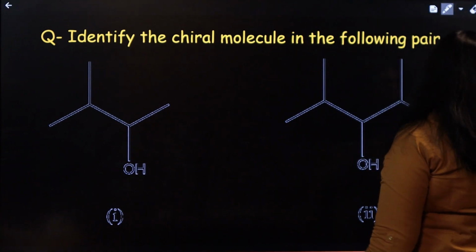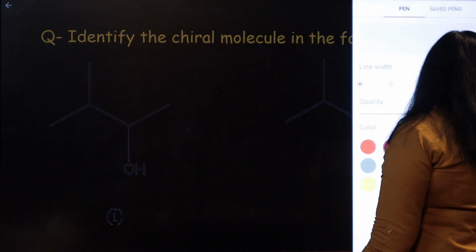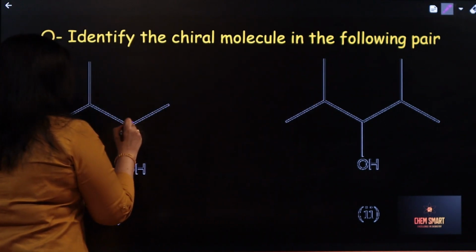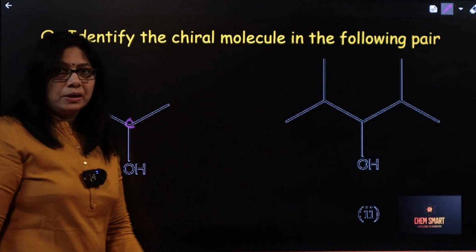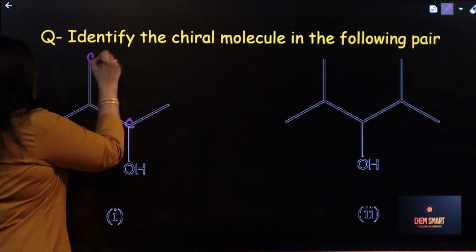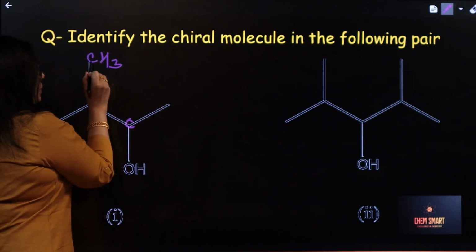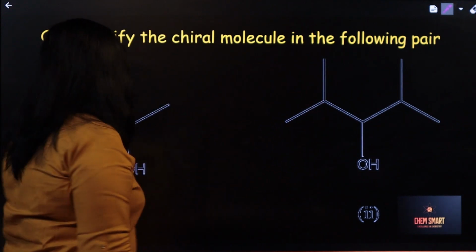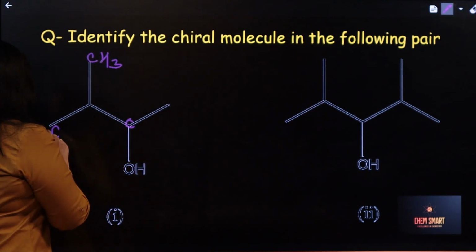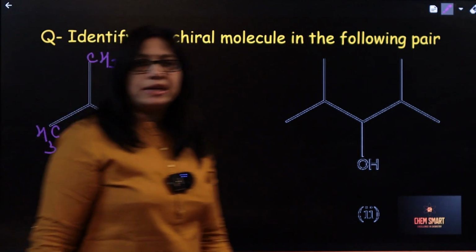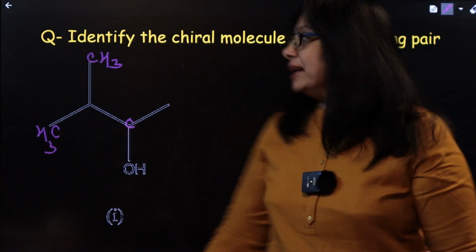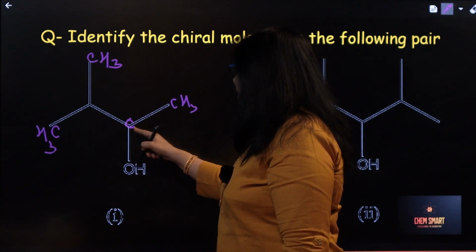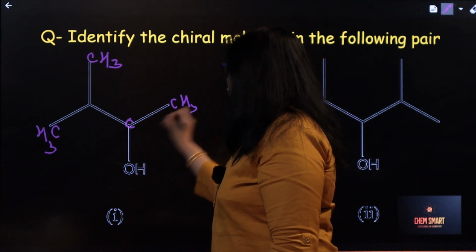Look here. Let us take this carbon. You know here, this is CH3. It cannot be asymmetric because 3 hydrogens are repeated on that carbon. So no chance that it is asymmetric. This can also not be asymmetric because it is again CH3. You know the bond line formula, right? Then this is also CH3. Now on this carbon, 1, 2, 3.